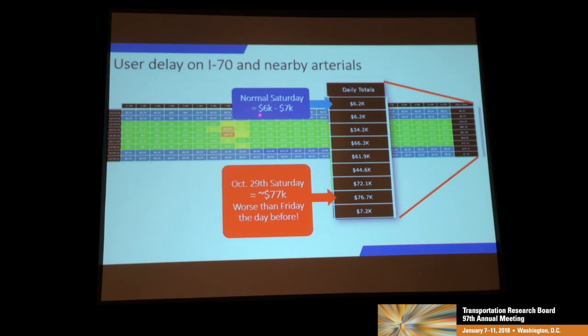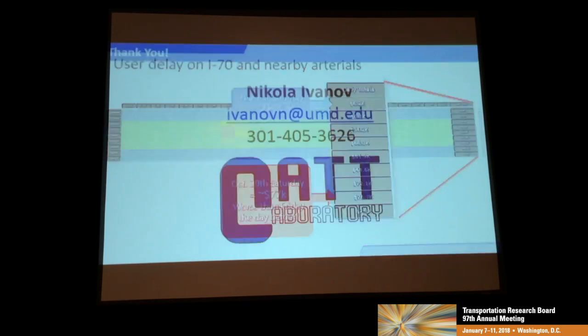It shows you a normal Saturday is only about $6,000-7,000 in delay, but in this case we had about $77,000 of user delay, so it's significantly worse than a normal Saturday, and it's compared to the Friday just before, which is traditionally a lot busier. So you can see the impact of that incident.